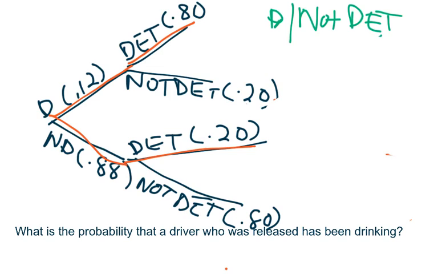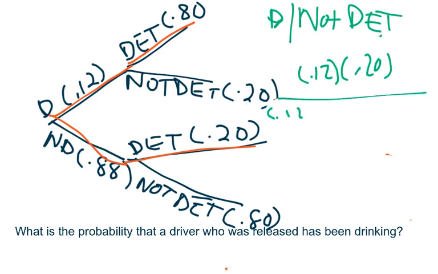So, the probability that a person who was stopped was drinking and not detained, it's 0.12 times 0.20 divided by the sum of 0.12 times 0.20 plus 0.88 times 0.80.